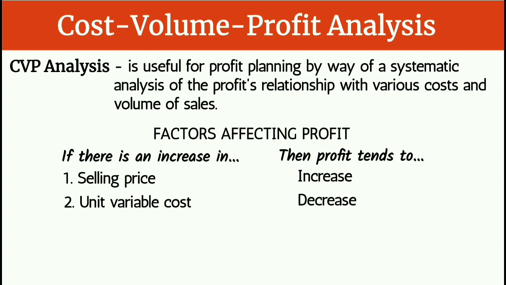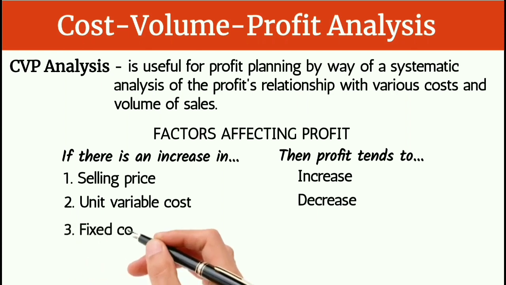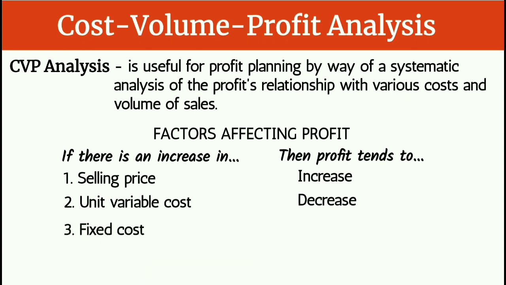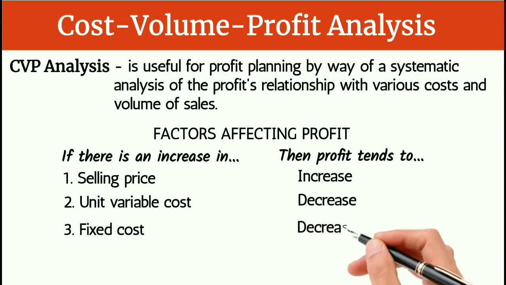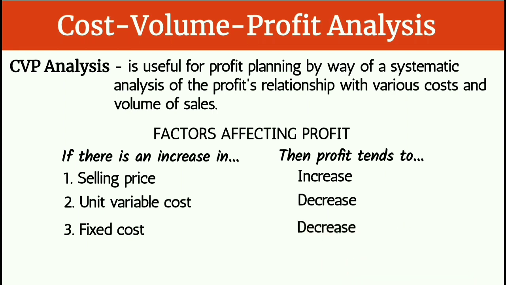Next, if there is an increase in fixed cost, then profit tends to decrease. And last, if there is an increase in volume or in unit sales, then profit tends to increase. Take note, in CVP analysis, volume refers to the quantity.